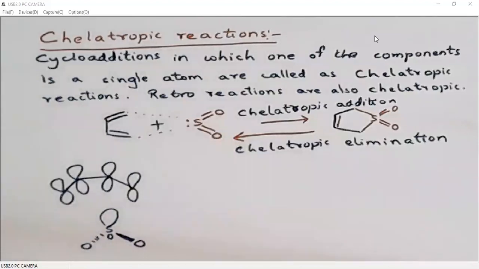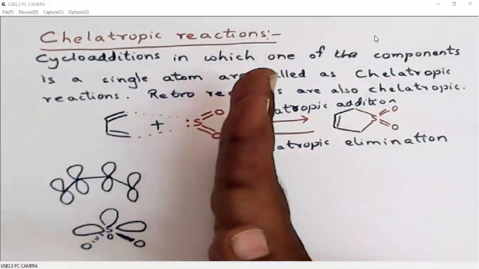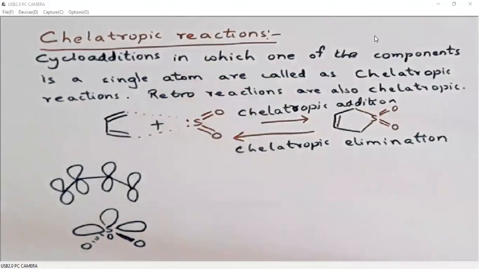Because of sp2 hybridization, we also have one more orbital, the unhybridized p orbital. As you know, it must be perpendicular to the plane of the system. For simplicity, instead of writing like this, I have written like this. That means one oxygen is below the plane, this oxygen above the plane.